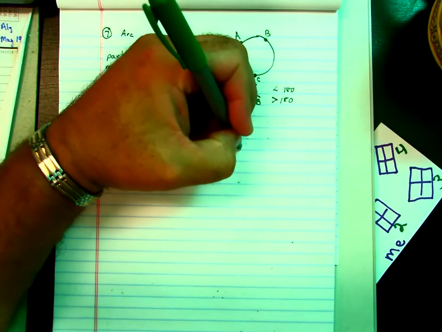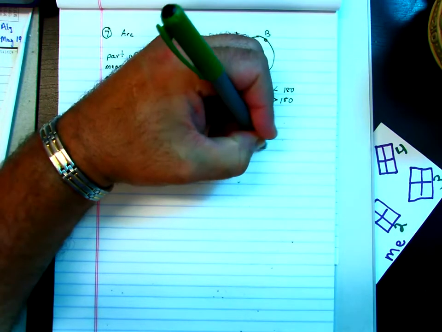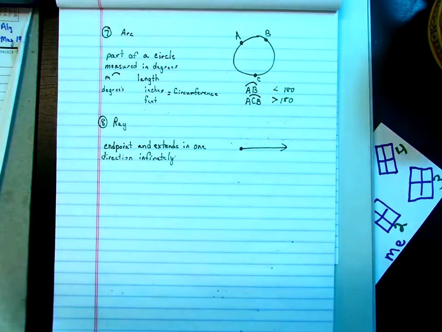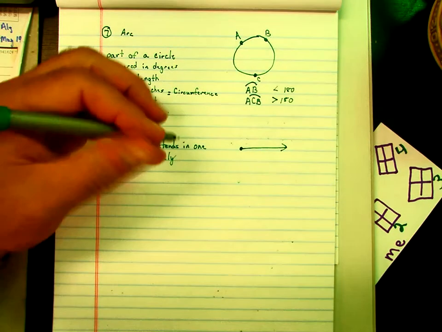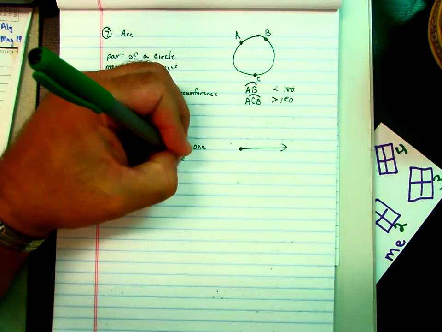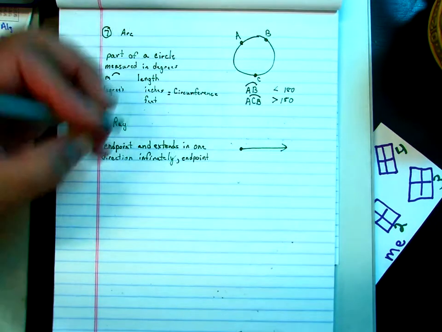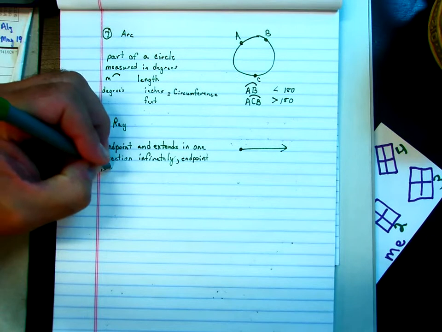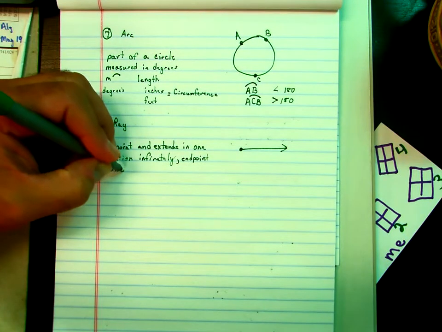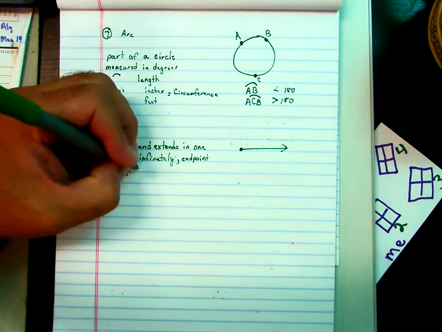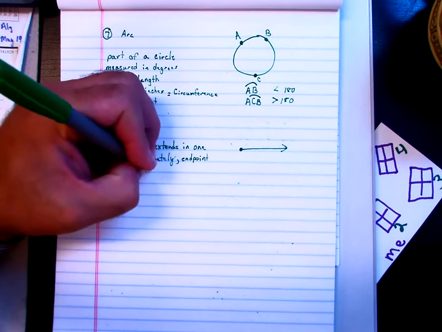A ray looks like this. The endpoint is always the first letter.